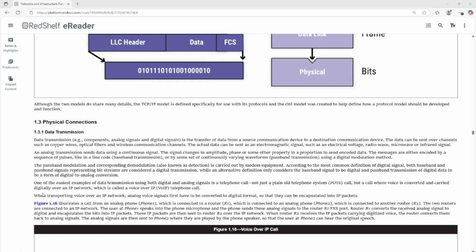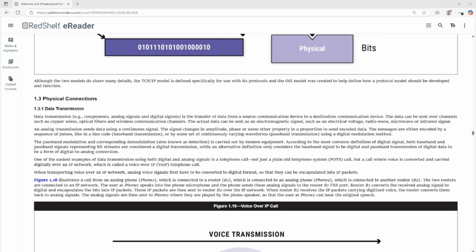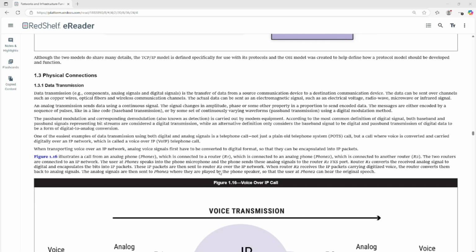Something for us to note here is how voice over an IP network is transported. When transporting voice over an IP network, analog voice signals first have to be converted to digital format so they can be encapsulated into IP packets.